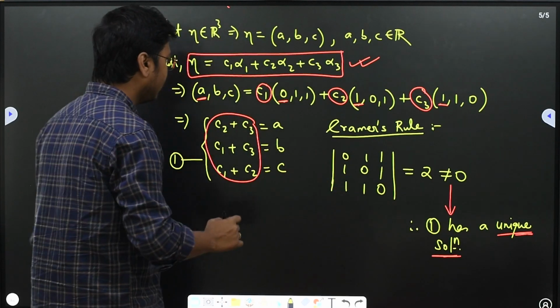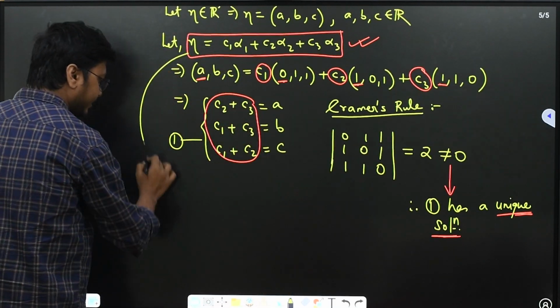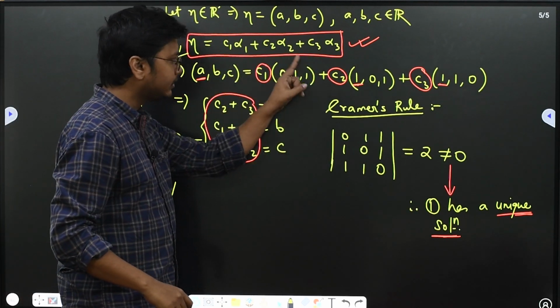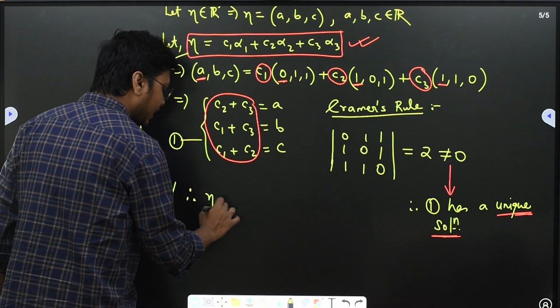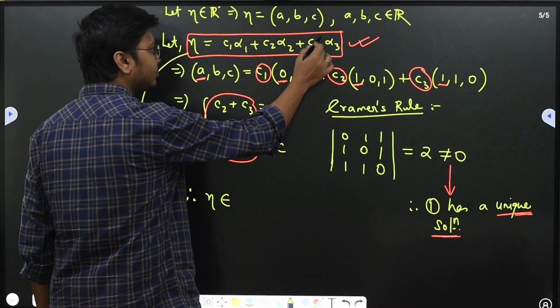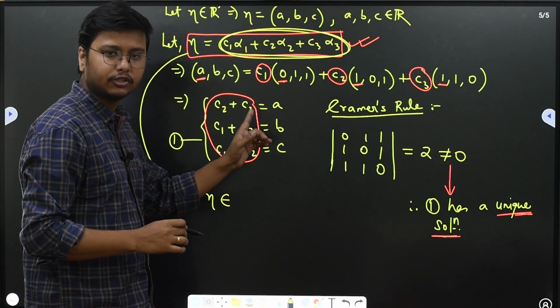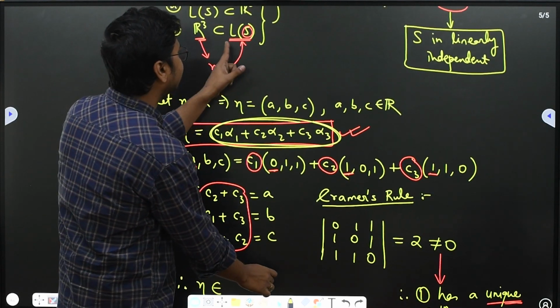So we can say that this equation that I have written is valid because the values of C1, C2, C3 exist. So if this relation is valid, eta is a linear combination of which set? The S set, right?